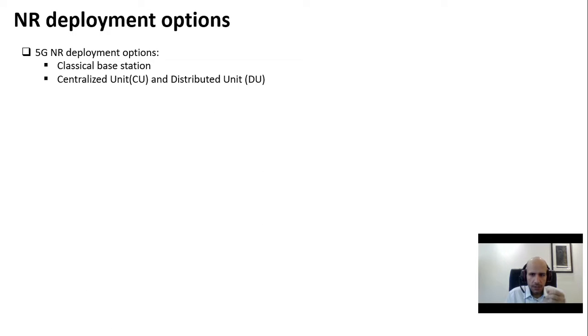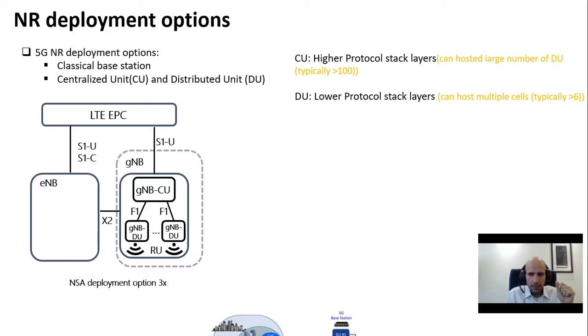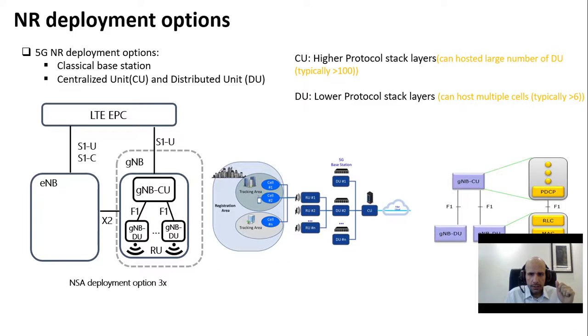But the second option is that, alternatively, the base station can be split into the centralized unit and the distributed unit. The centralized unit accommodates the higher protocol stack layers and controls the operation of one or more gNode B DUs. Let me put up these charts so you can see in more detail.